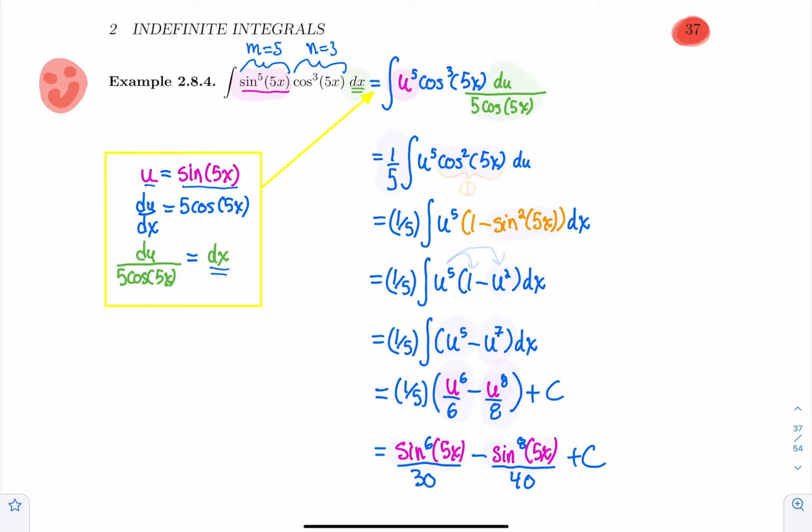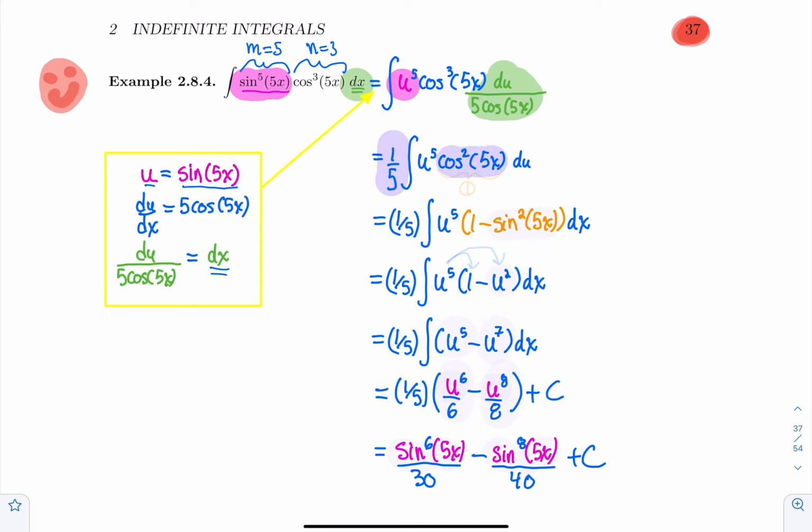Here sine of 5x turns into u, so sine to the fifth will be u to the fifth, times cos cubed. For now, we'll stay cos cubed. And the dx will turn into du over 5 cos of 5x. If you take the coefficient outside, you get a 1 over 5. The u to the fifth stays u to the fifth. And of course, cos cubed over cos of 5x will be cos squared.